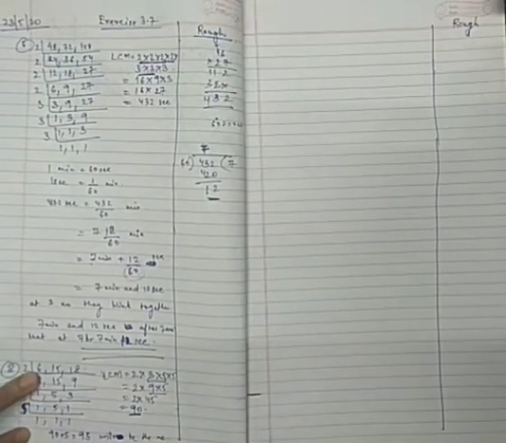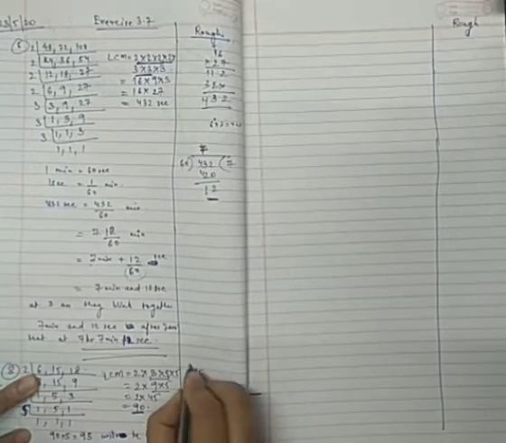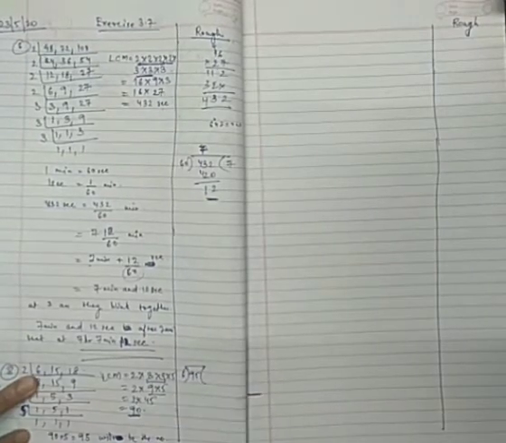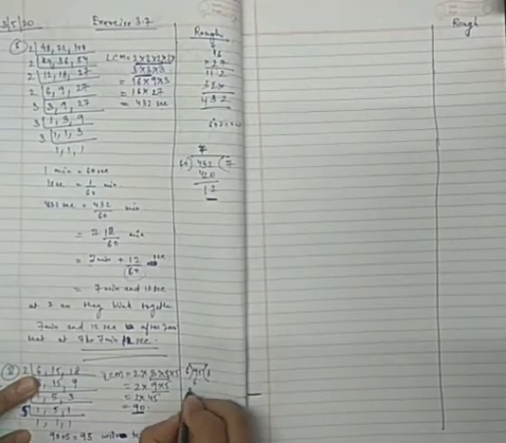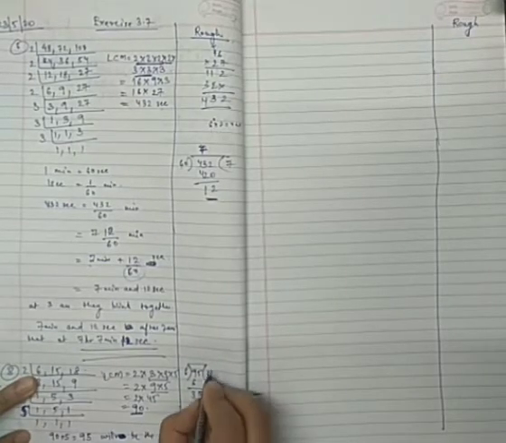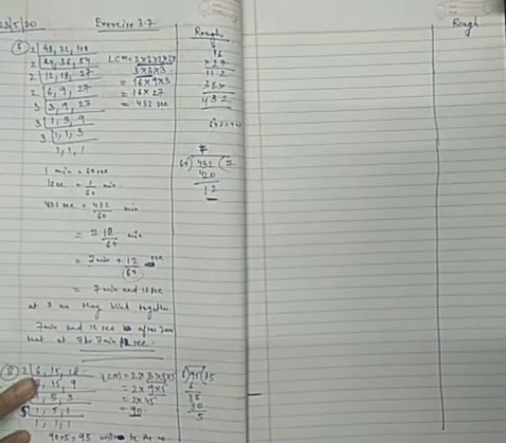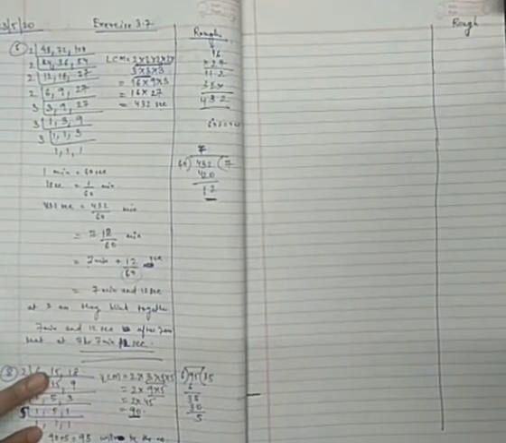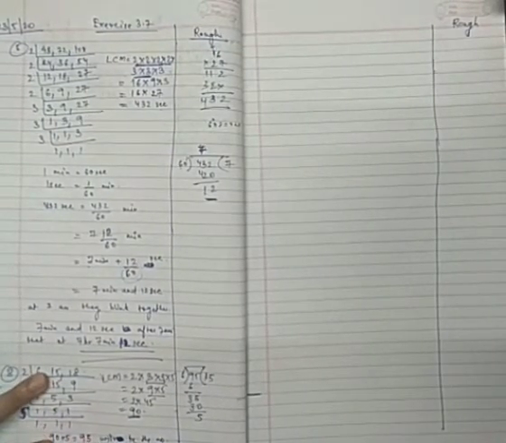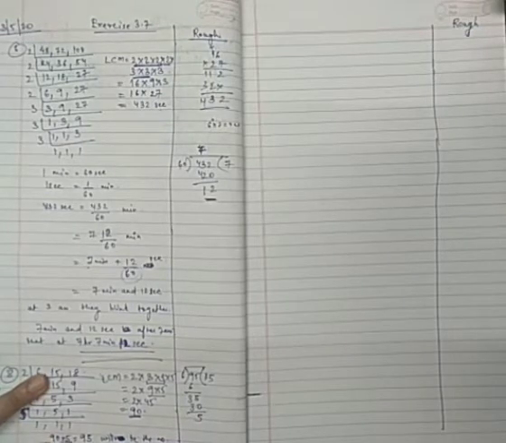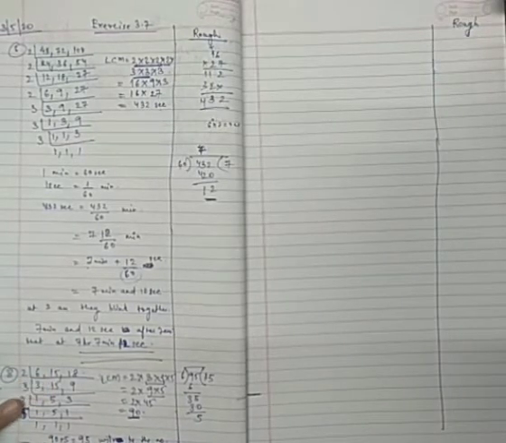See, if you divide 95 by 6, what will you get? 6 1s are 6, 6 5s are 30. So you get 5 remainder. Similarly, if you divide 95 by 15, 15 6s are 90. 6 times it will go, 5 will be the remainder.